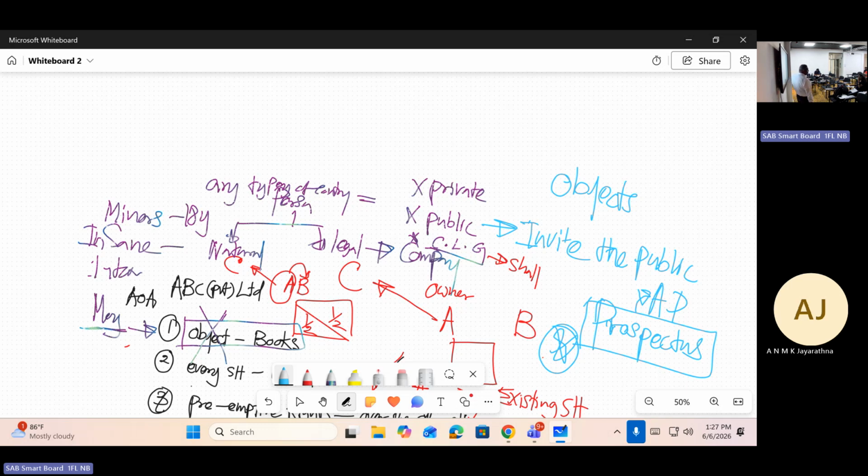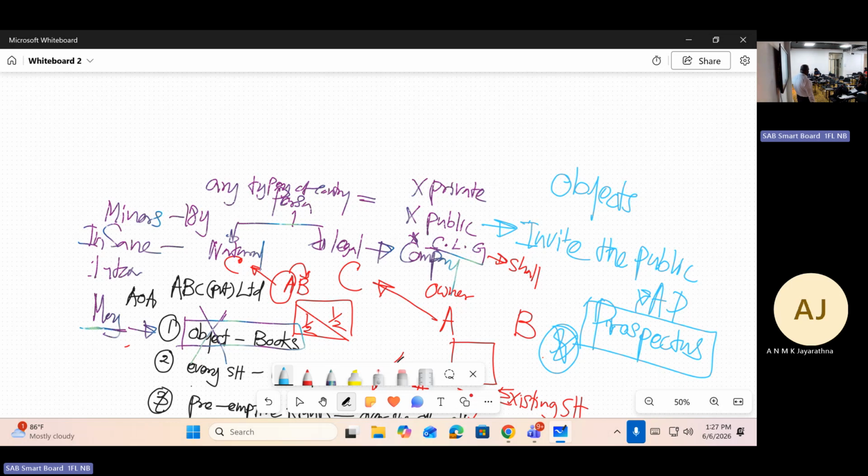Why have we mentioned the objects in the prospectus? Otherwise, how can the public make a decision whether to invest in this company or not? For investment, they have to mention what the object of the company is, manufacturing goods.